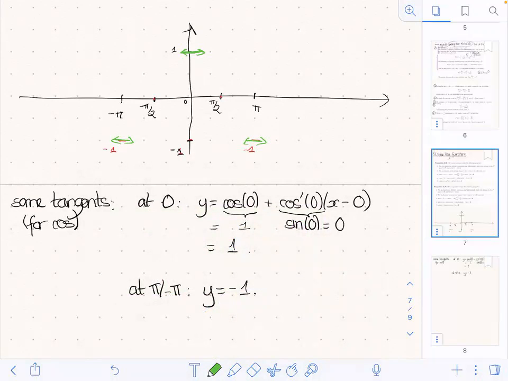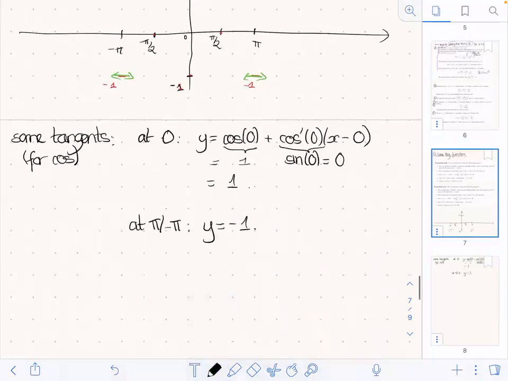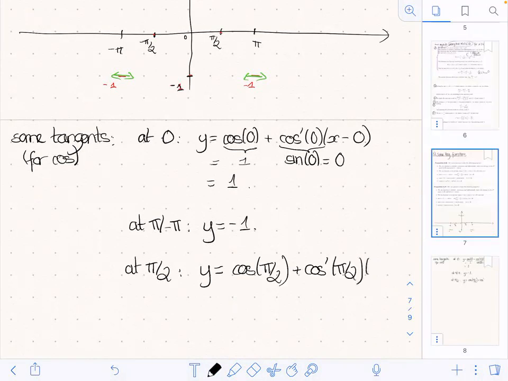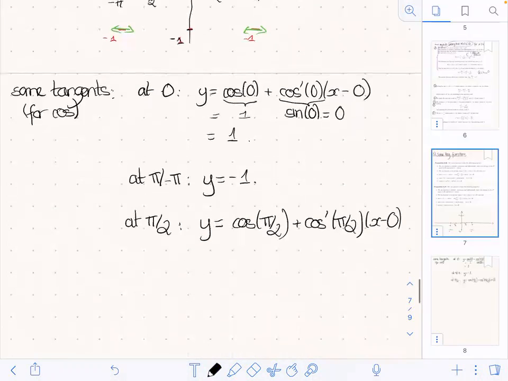Okay, and maybe one final tangent we can look at is the tangent at pi over 2. At pi over 2, we get cosine of pi over 2 plus cosine prime of pi over 2 times x minus pi over 2. Cosine of pi over 2 is equal to 0.